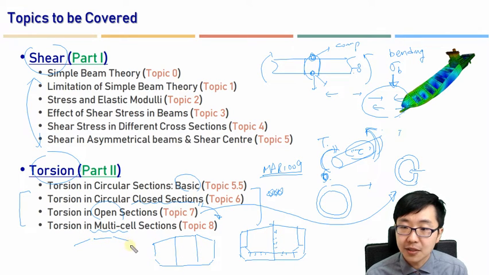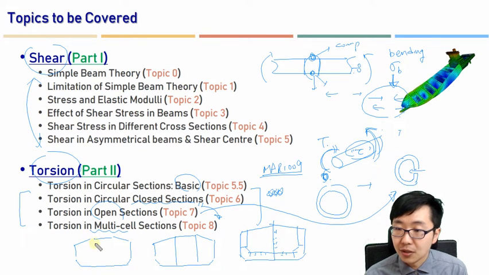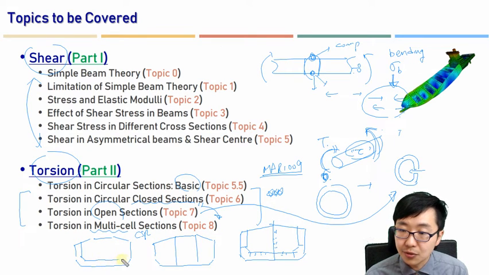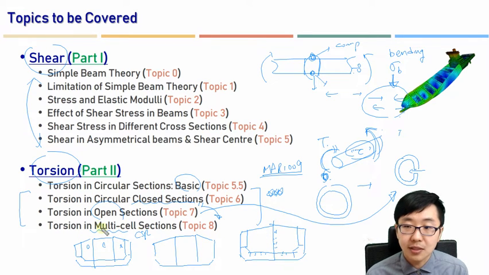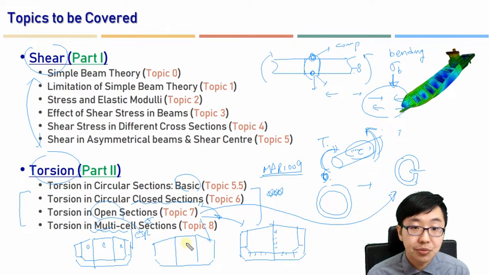Of course, after we adopted the common structural rules, CSR, we need to install a double hull system, so it's like that. In this case, this is the 3 cell system, and this is the 2 cell system. So multi-cell section is related to our ship structures.